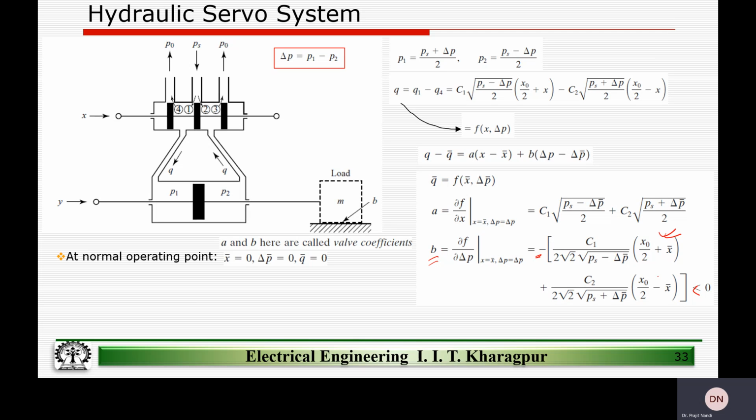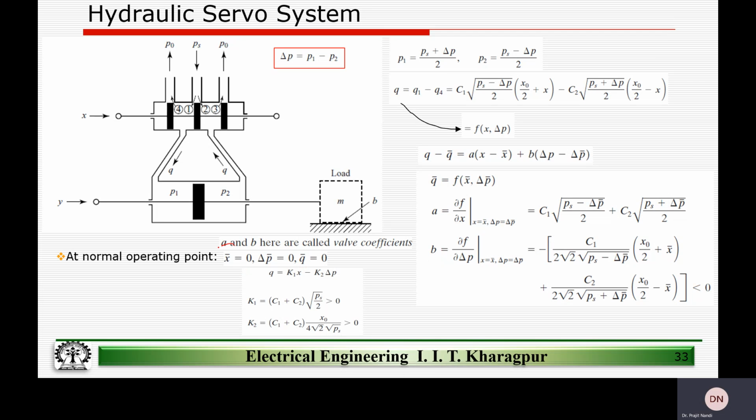Now at the normal operating point, we can say that x bar, delta P bar and Q bar are equal to 0, meaning the average flow rate is 0 around the normal operating point, and x is somewhere right in the center, right? And delta P, the pressure differential across this piston here, is 0 at the normal operating point.